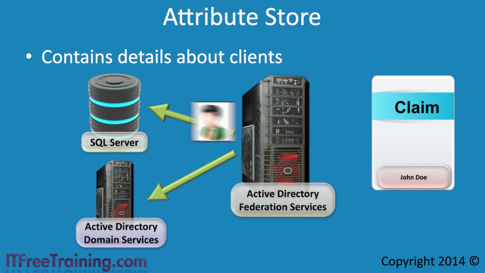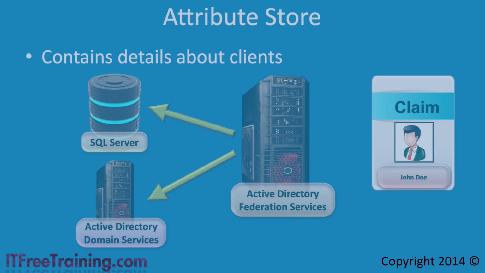However, the picture is obtained from a SQL Server. You can see how an attribute store is used to hold information to be used in the claim. You can see that even though Active Directory can be used as an attribute store, this is separate from authentication. Essentially, the attribute store is a database that is used to obtain information to store in a claim.